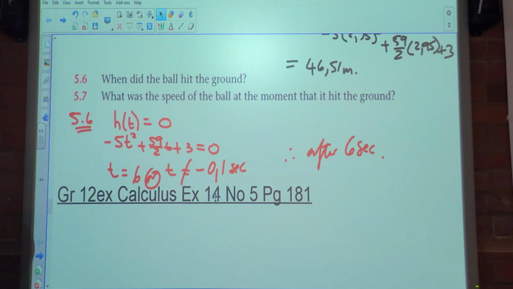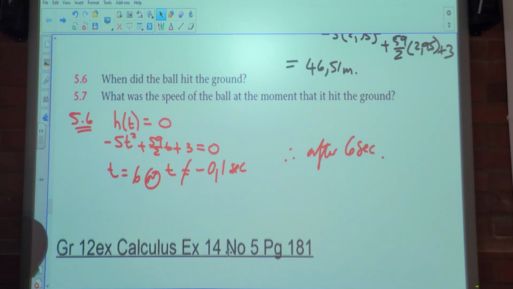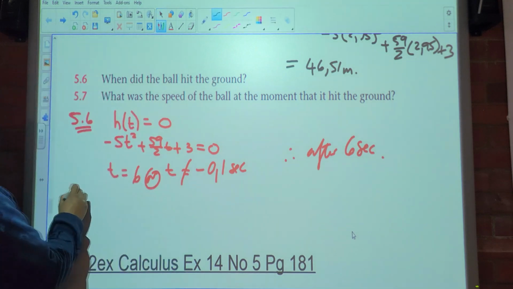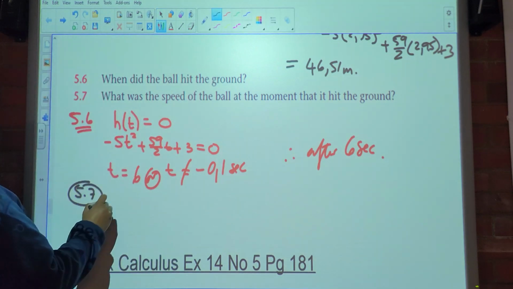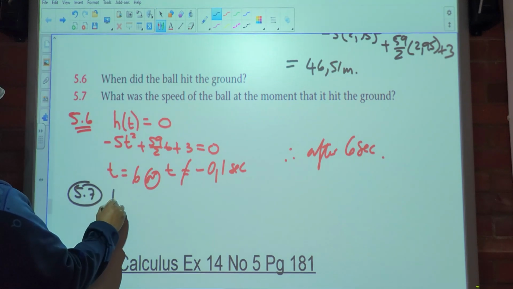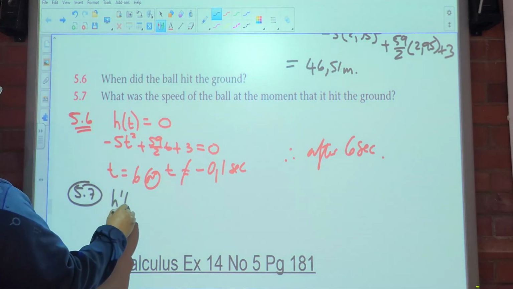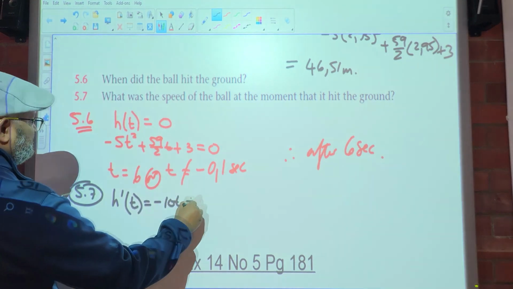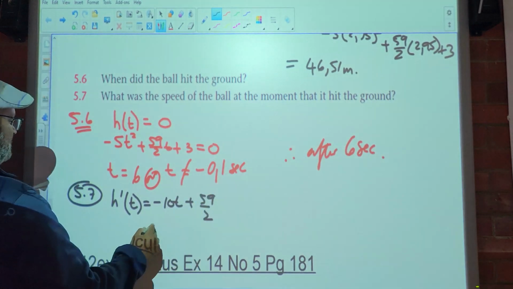Let's look at 5.7. What was the speed of the ball at the moment that it hit the ground? Speed is again the first derivative, not so? We worked that out already: h prime of t was negative 10t plus 59 over 2.